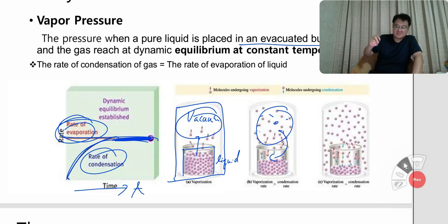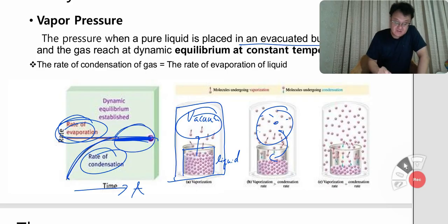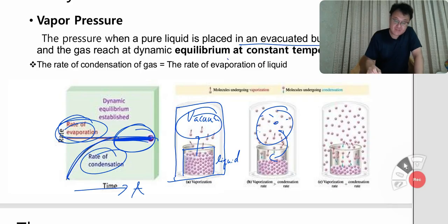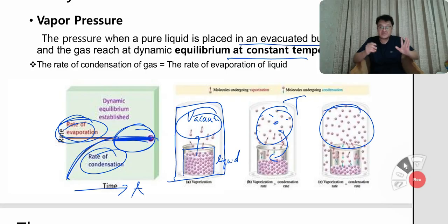Of course, some of the gas molecules condense to the liquid phase. Some of the liquid molecules evaporate, but the rates are the same. So the number of gas molecules and the number of liquid molecules remain the same, and that is dynamic equilibrium, right? And when this dynamic equilibrium is established at a constant temperature, the pressure exerted by these gas phase molecules is the vapor pressure.